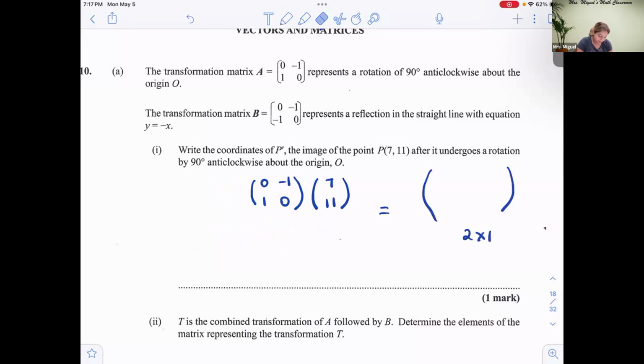So multiply it row by column, and then row by column. Go ahead.